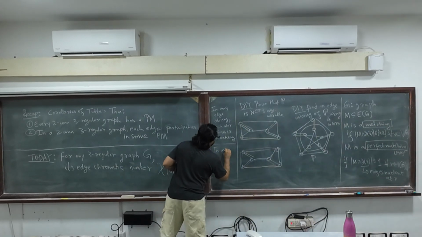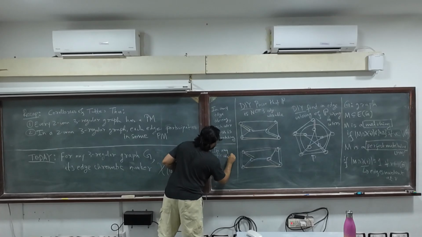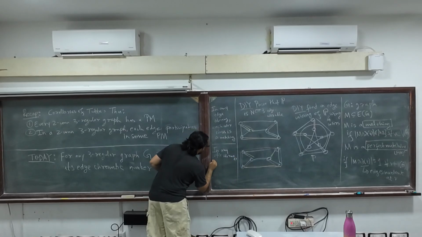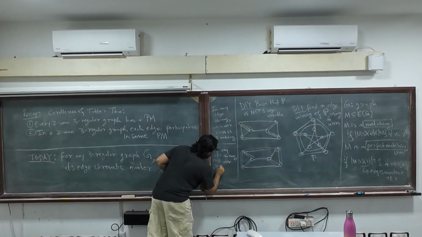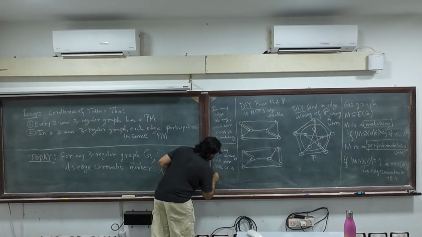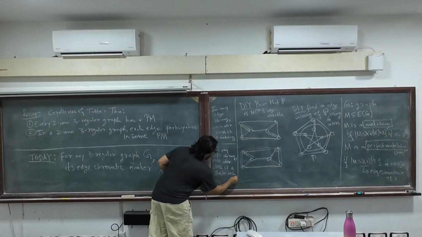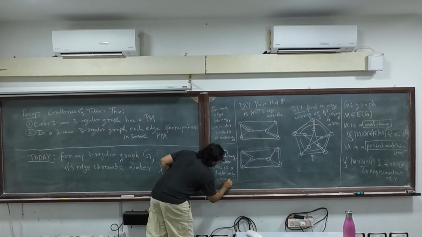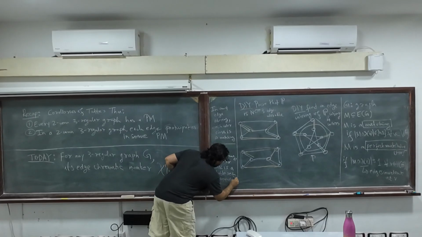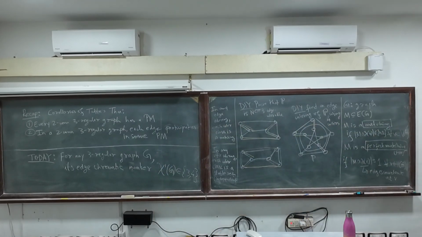In any vertex coloring, each color class is a stable set, also known as independent set. Alright, we'll find this useful later.